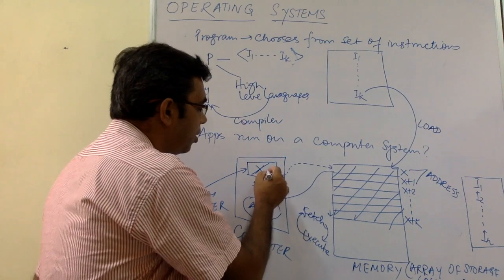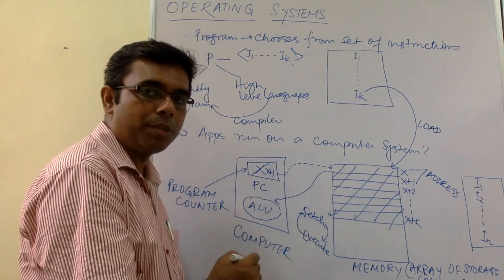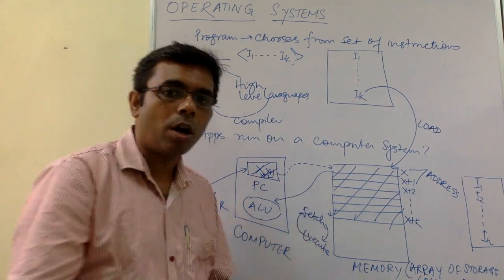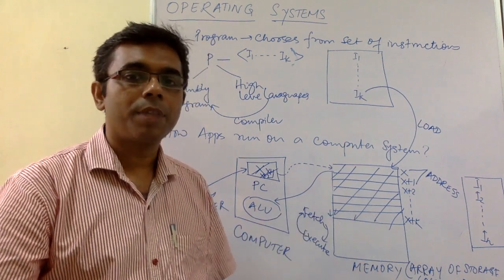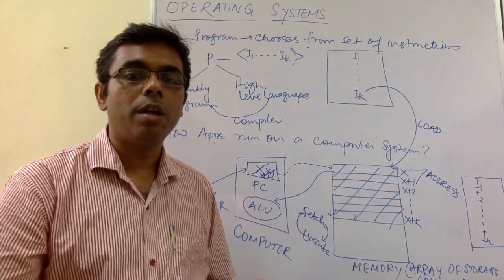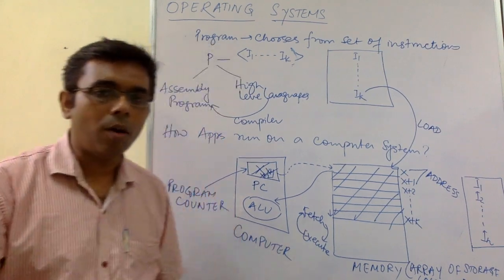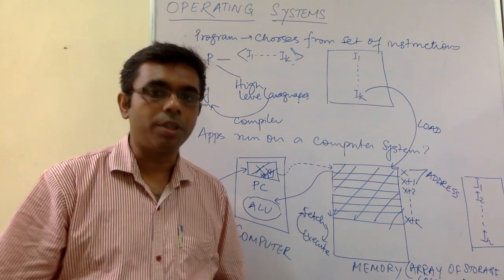As fetching of x is done and execution is over, the PC updates to x plus 1, then to x plus 2. In this way things go on until you reach the last instruction, x plus k, which is fetched, executed, and then the program terminates. This is how your applications run on a machine.